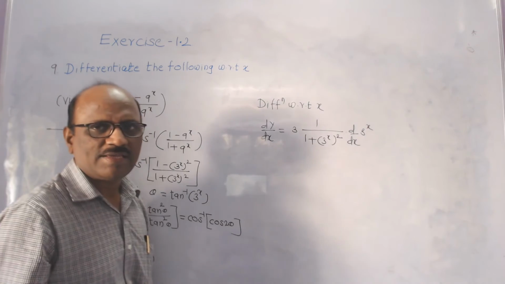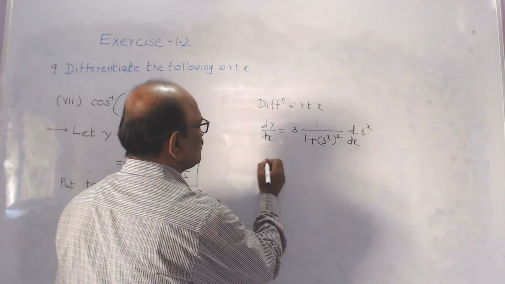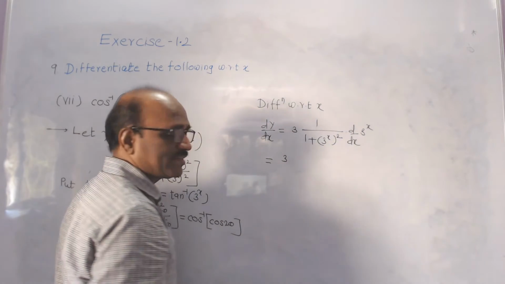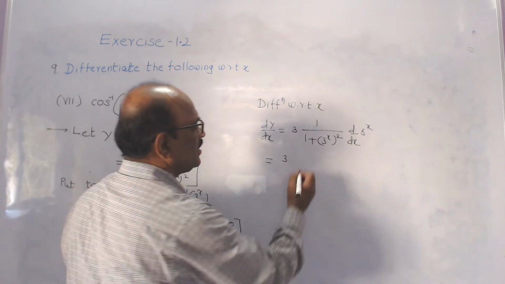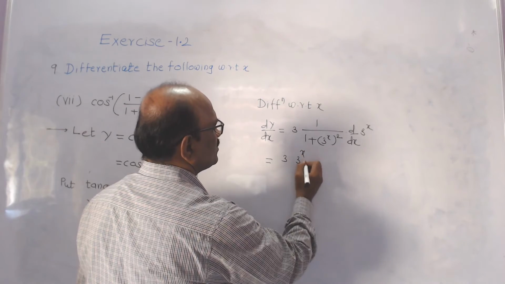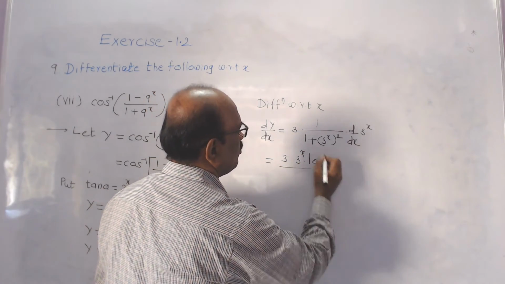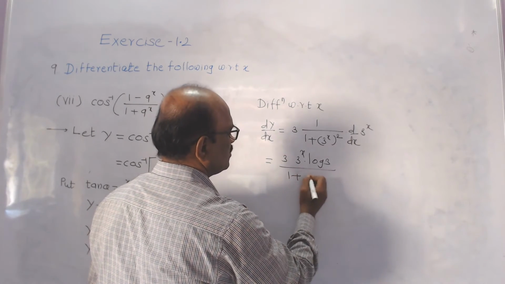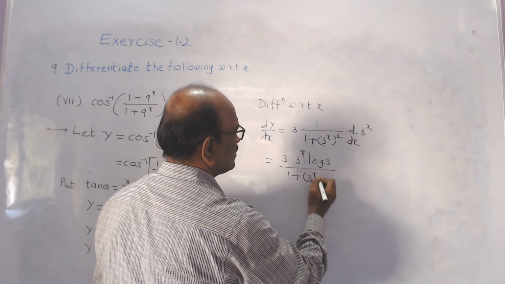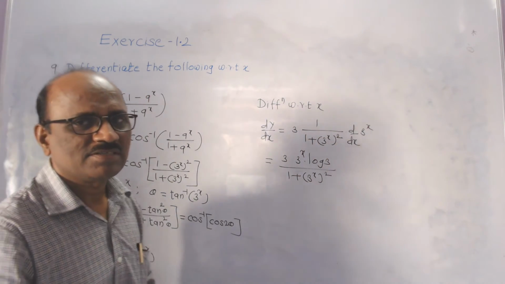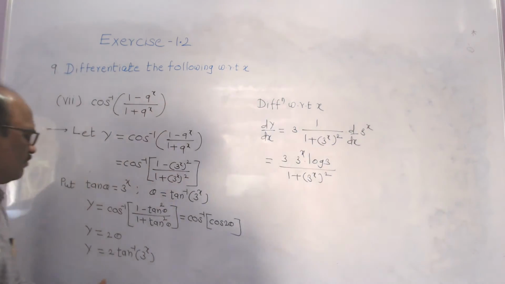Hence this is equal to 3 into, what is the derivative of 3 raised to x? 3 raised to x into log of 3, upon 1 plus 3 raised to x bracket square.